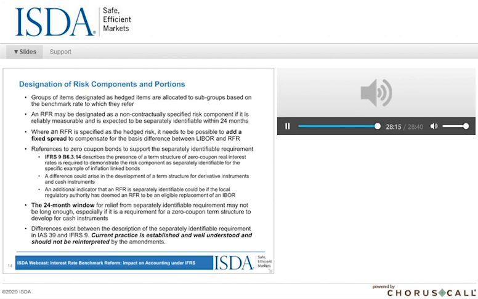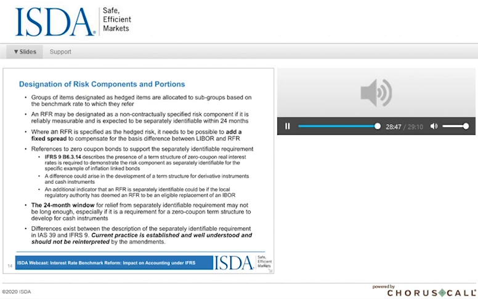This is a new relief which ends at the earlier of either 1, 24 months after the initial designation of the RFR component, or 2, when the entity becomes reasonably certain that the risk component will not be separately identifiable within 24 months after the RFR is initially designated in a hedging relationship. In either of these cases, when the relief ends, the hedge or hedges would have to be prospectively discontinued.